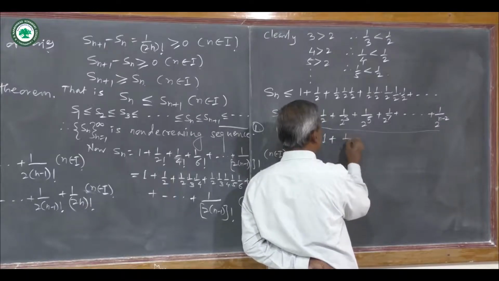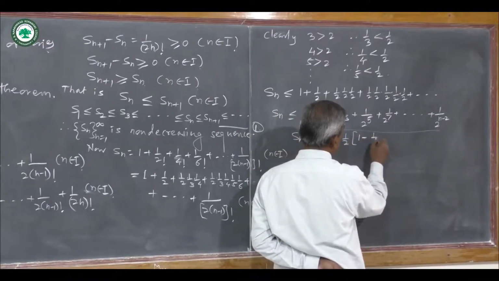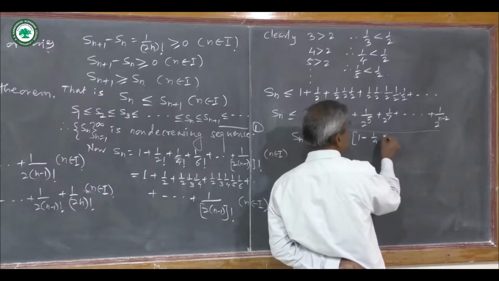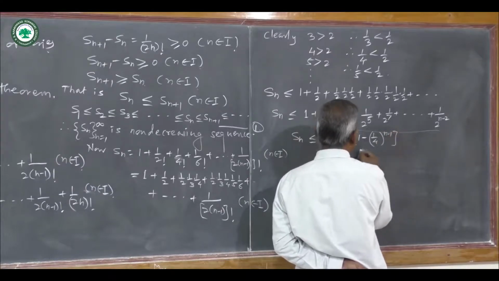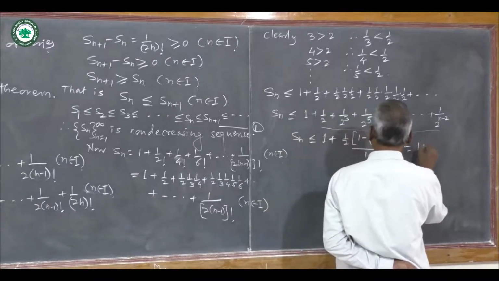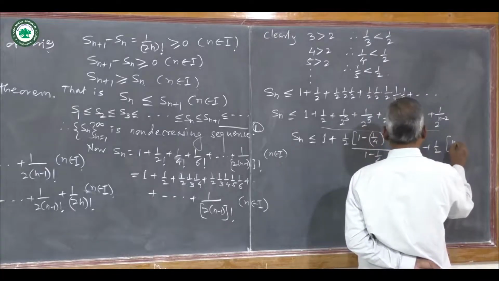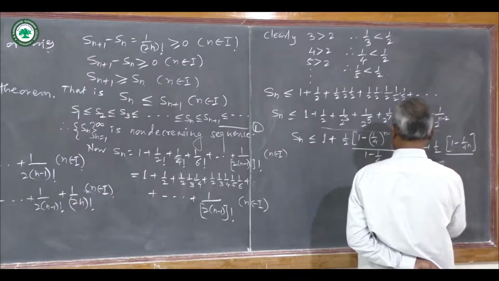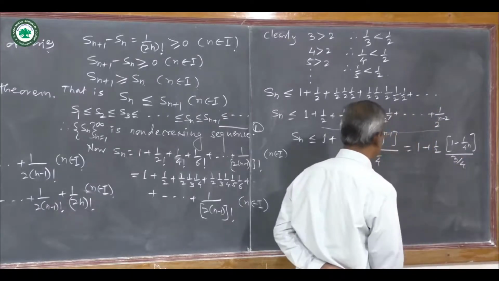The sum is a into (1 minus r raised to the number of terms) upon (1 minus r), which is 1 plus 1 by 2 into (1 minus 1 upon 4 raised to n) upon 3 by 4.